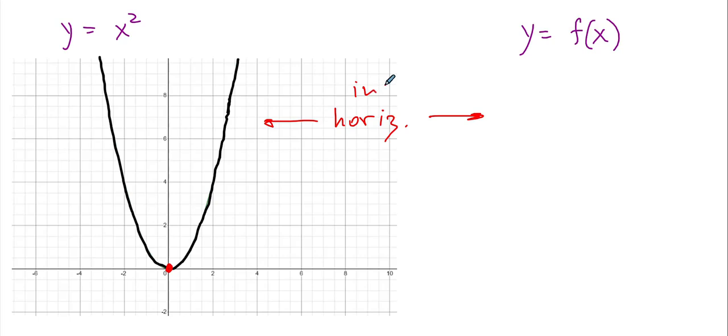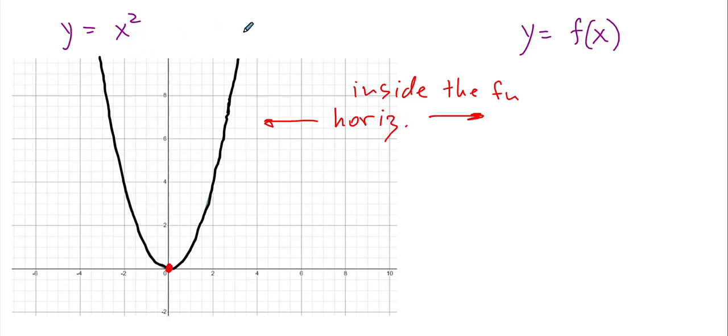So inside the function, any transformation done to the inside of the function will show itself as a horizontal motion side to side.